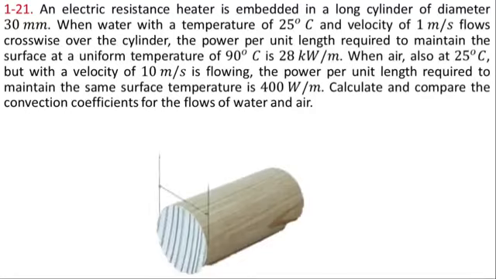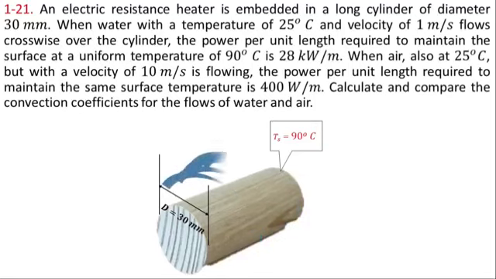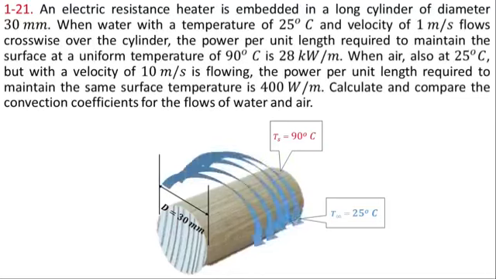This is a long cylinder having diameter of 30 millimeter. The temperature of this cylinder is maintained at 90 degrees centigrade. This is the fluid flowing over the cylinder. In first case, the fluid is water, and in second case, the fluid is air, and it is at a temperature of 25 degrees centigrade.